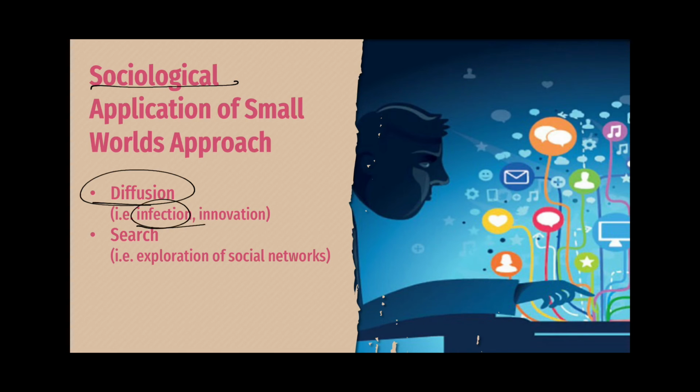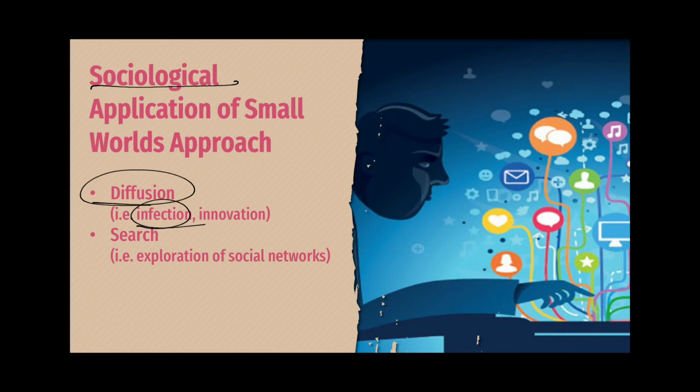Also, infection. We also make use of social networks to predict how many people might be infected once a person is exposed. So that is one way of looking at it: diffusion of anything, information, infection, innovation, etc.